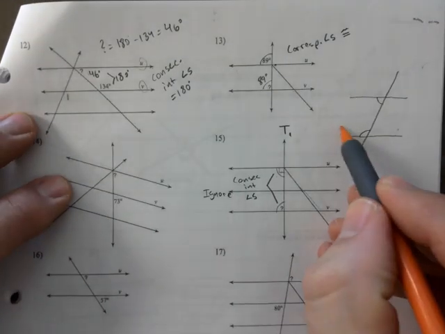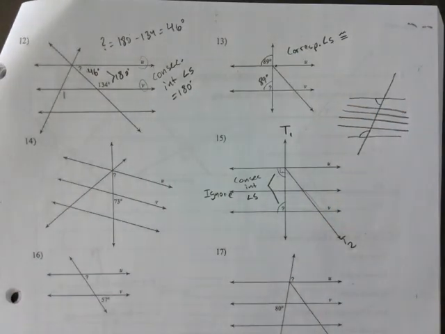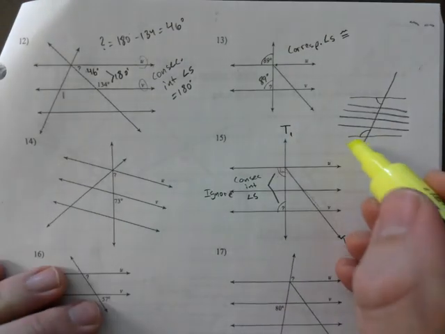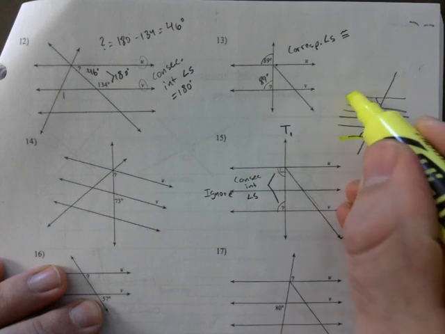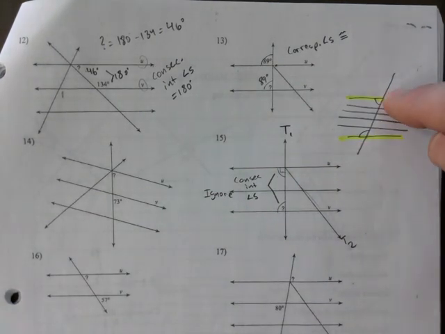What if I now say, hey, are they still consecutive interior if I were to do this? The answer is yes. If you are considering, hey, is this line parallel to that line? You ignore anything in between because you're now just focusing on that one and this one, right?